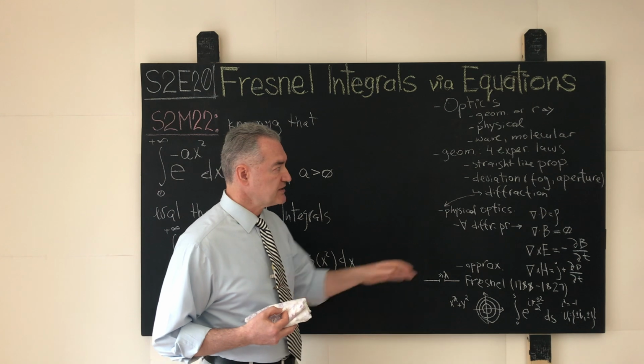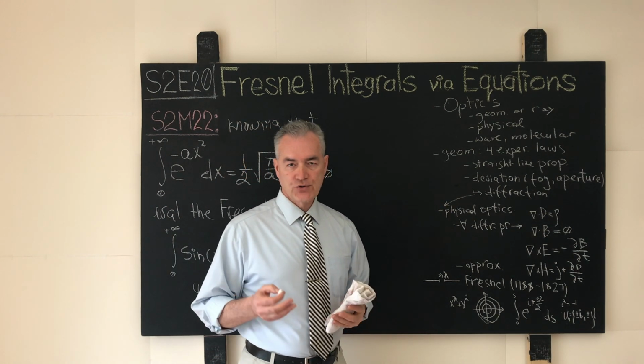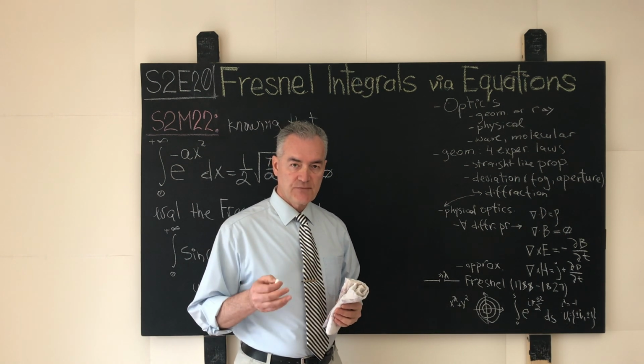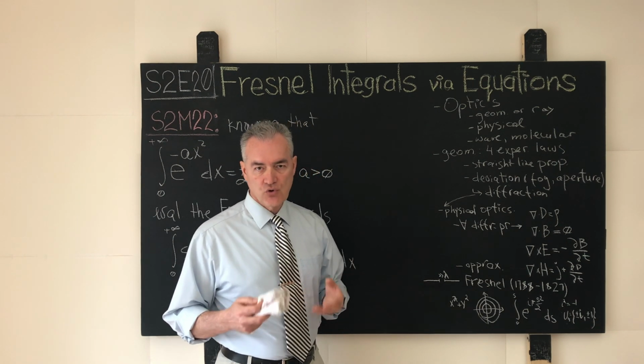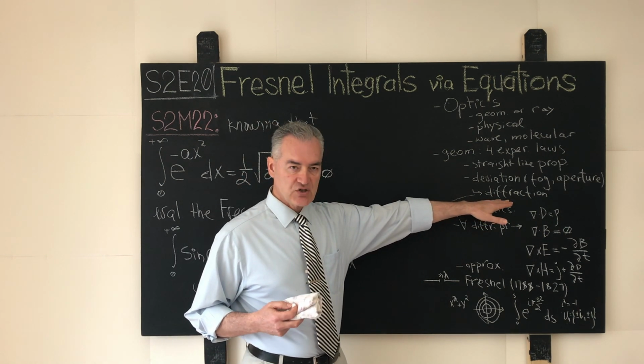As such, this deviation from the straight line propagation, in the presence of certain other constraints that are not important for the purposes of this discussion, is called diffraction.